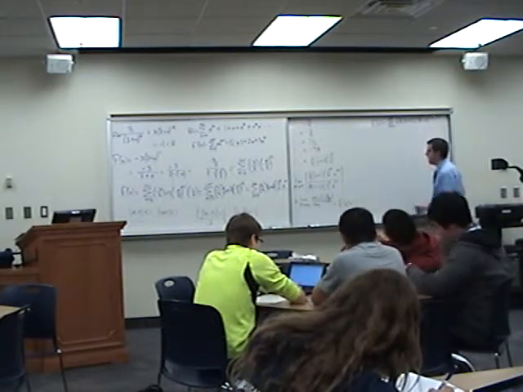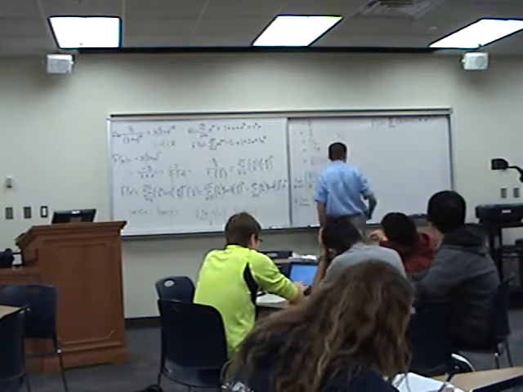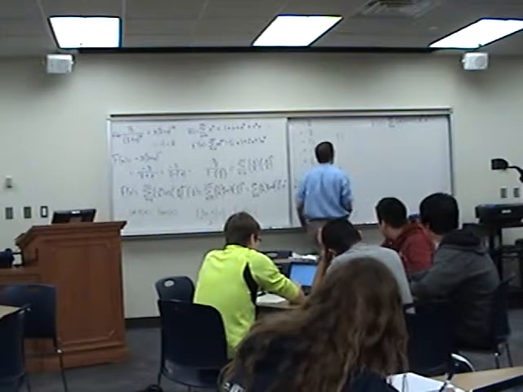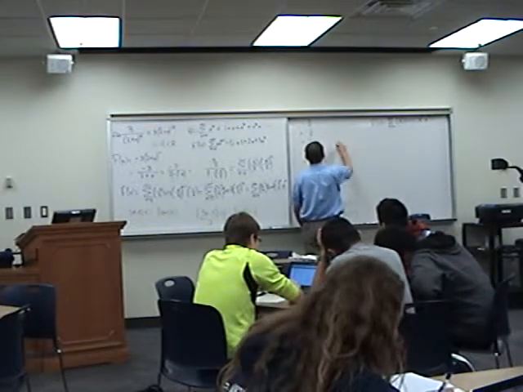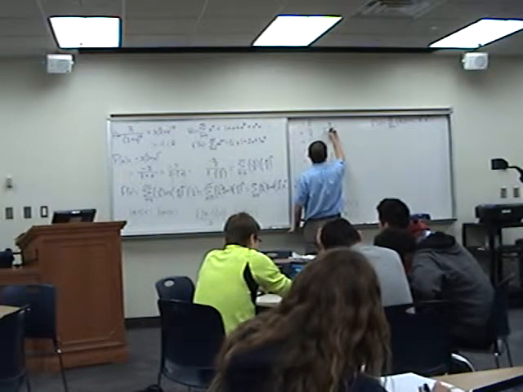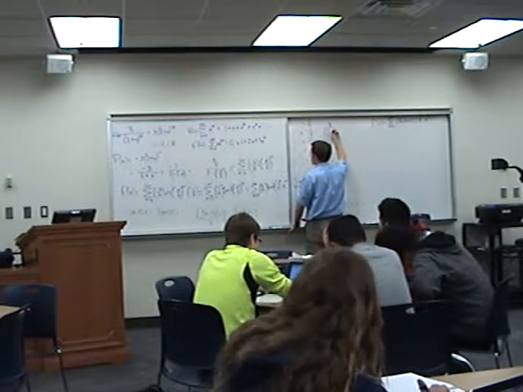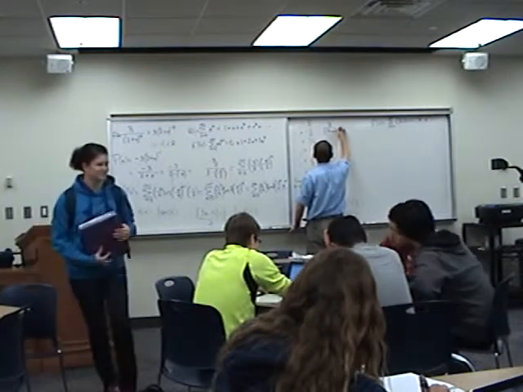So given that you have that, it wants us to find a power series for 3 over 2 plus x cubed.